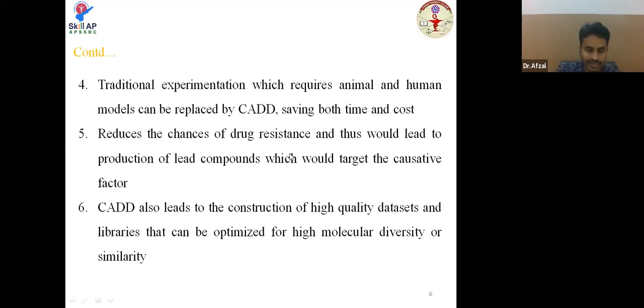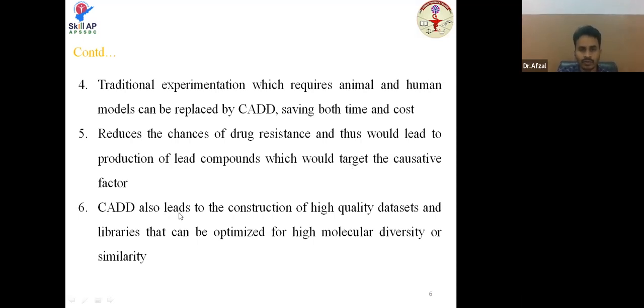And we can design compounds in such a way that they have less drug resistance, and they will be important lead molecules that would target the exact factor that is responsible, because we are going deep into the protein with which the drug molecule can interact.